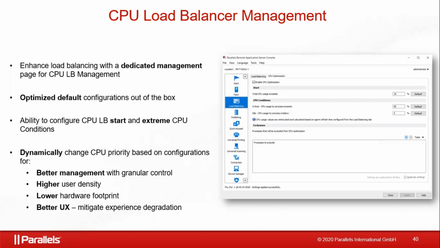If the CPU utilization exceeds the threshold, it will redirect the next or upcoming traffic to another server. So you have better management and a higher user density, and not all the users are congested on the same server resources. That is the load balancer management we have.